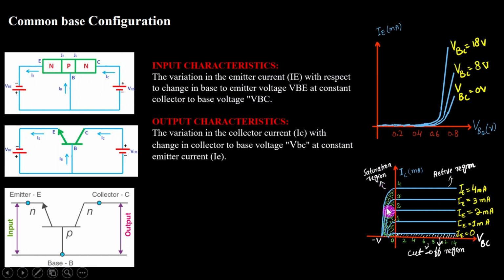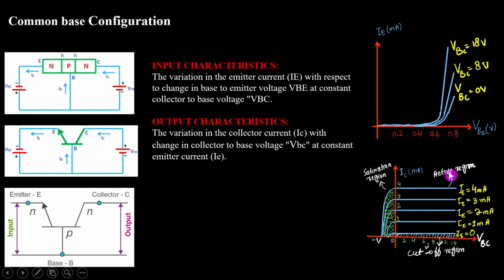So in this graph, which we take from the experiment, this region is where IE and IC are approximately the same, and this region is called the active region.